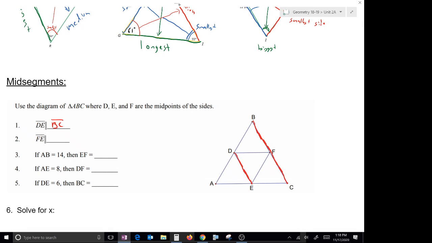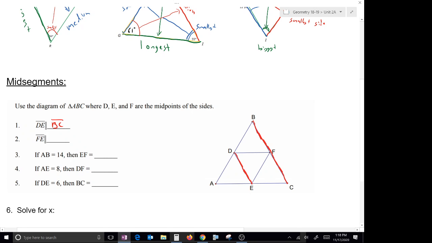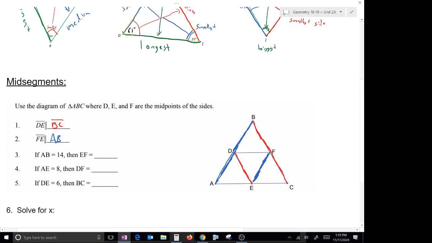The side that is parallel to FE, then blue, well, that would be AB. And we'll just highlight the last two corresponding sides. So there's the mid-segment that belongs to AC.